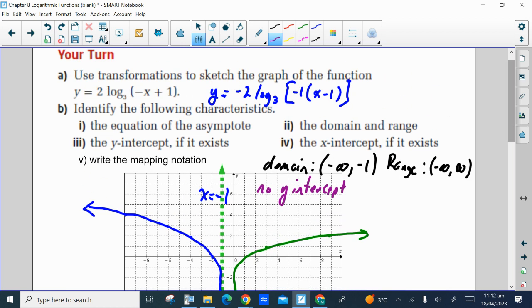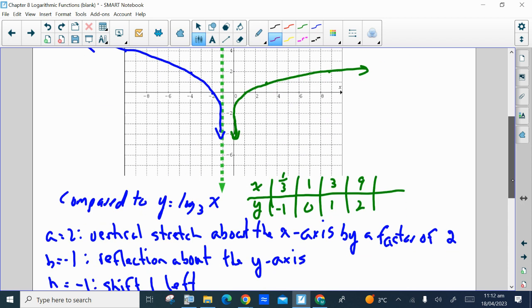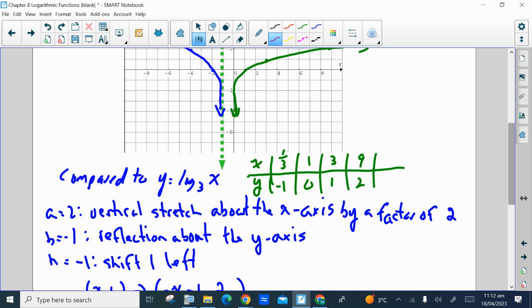I'm sorry, I made a mistake here. I apologize. That does exist because it doesn't go 1 to the left, it goes 1 to the right. So I really apologize for that. There is a y-intercept. This graph goes 1 to the right.